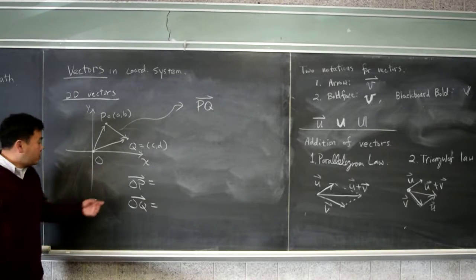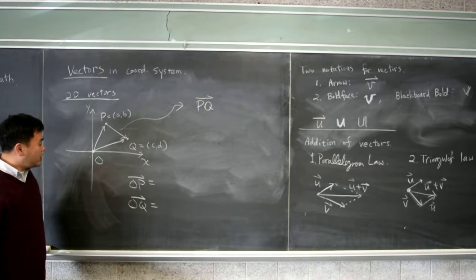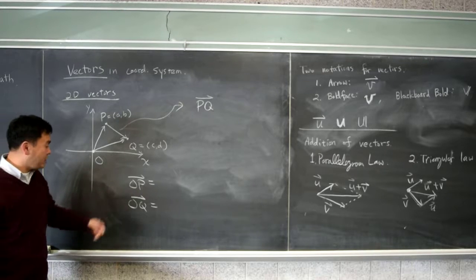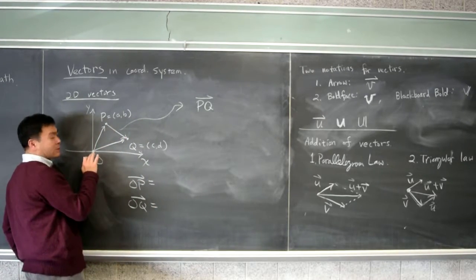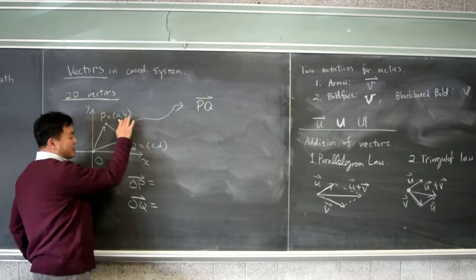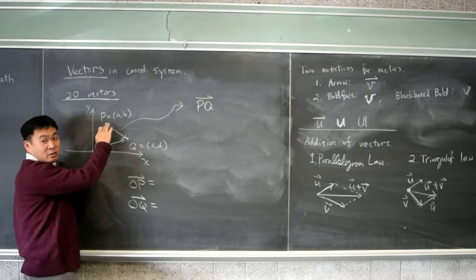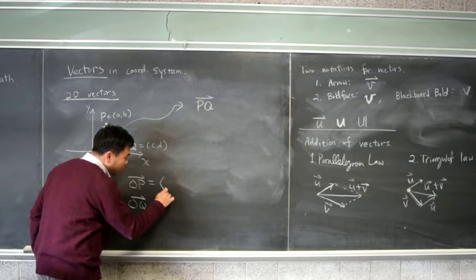Right? When the initial point is at the origin, we have a special notation for the vector OP. Rather than saying it's a vector starting at the origin and ending at (a, b), if it starts at the origin, you only need to be concerned about the terminal point, right? So the terminal point is all you write.